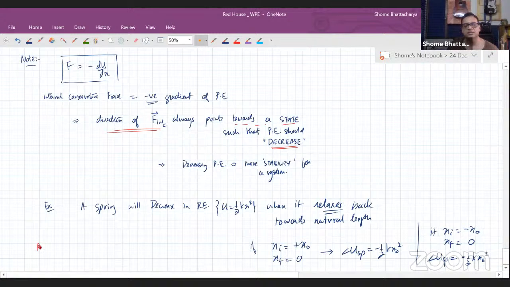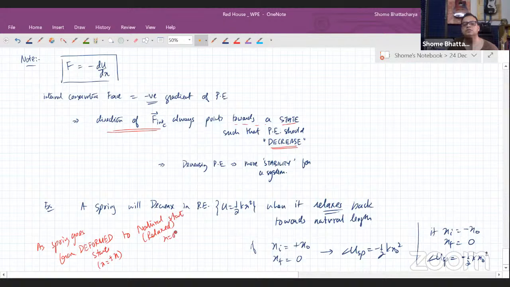So as the spring goes from a deformed state, that is x equal to plus or minus x naught, to natural length or relaxed state x equal to 0, it stabilizes, so its potential energy decreases.